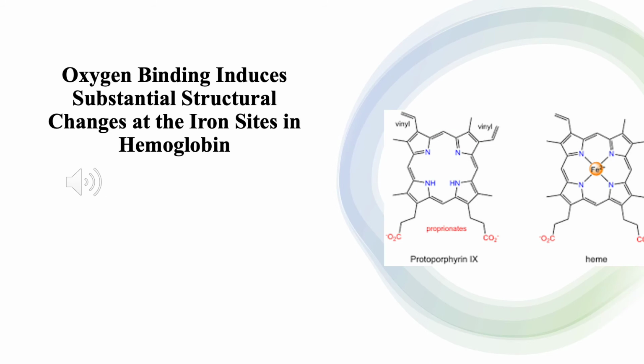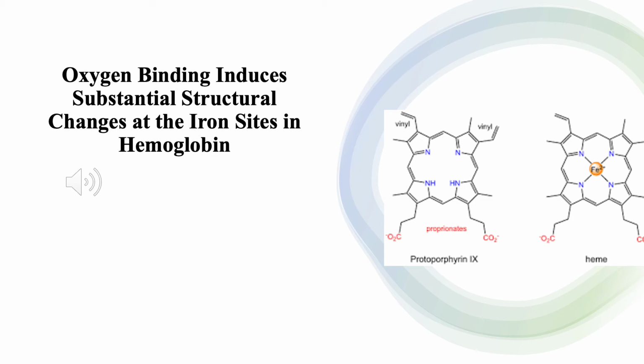Oxygen binding induces substantial structural changes at the iron sites in hemoglobin. The binding of an oxygen molecule at the 6th coordination site of the iron substantially rearranges the electrons within the iron so that the iron becomes effectively smaller, allowing it to move into the plane of the porphyrin.